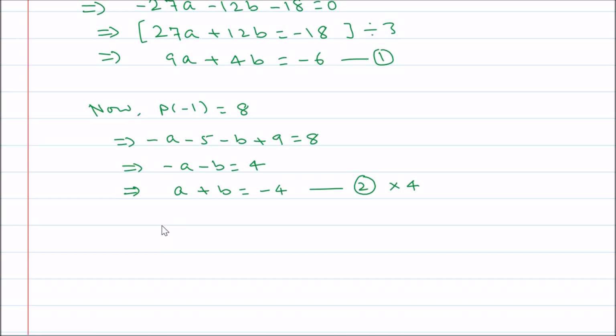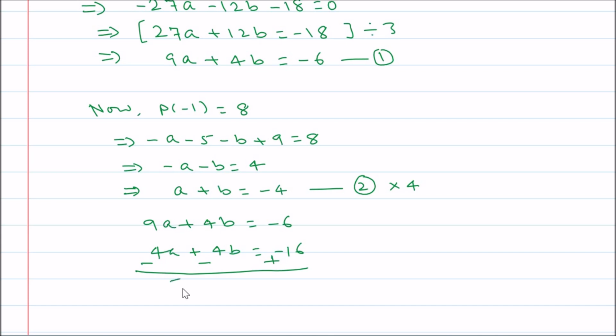Let me write the first equation as it is: 9a plus 4b is equal to minus 6. Now here we get 4a plus 4b is equal to minus 16. Change the sign.